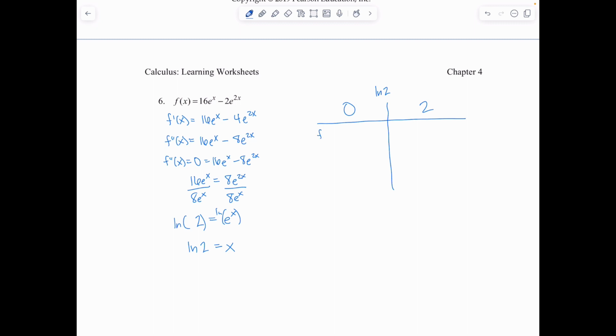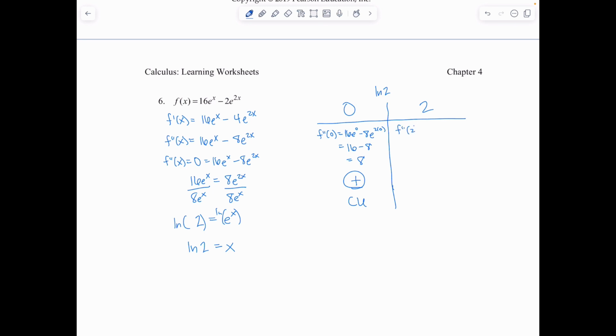So our second derivative at 0: 16 e to the 0 minus 8 e to the 2 times 0. So we have e to the 0 is going to be 1. 16 minus 8 is going to give us 8. Positive, concave up.